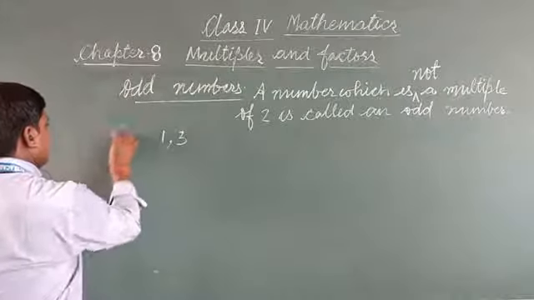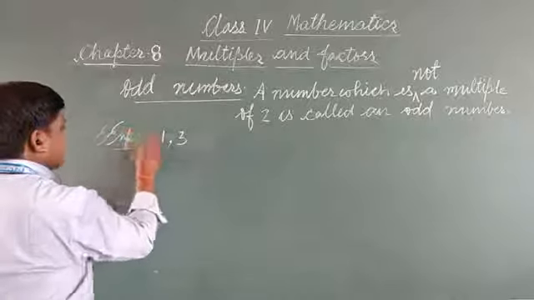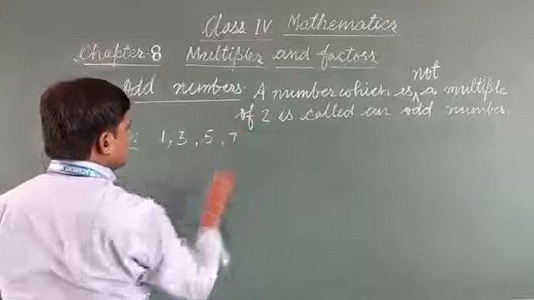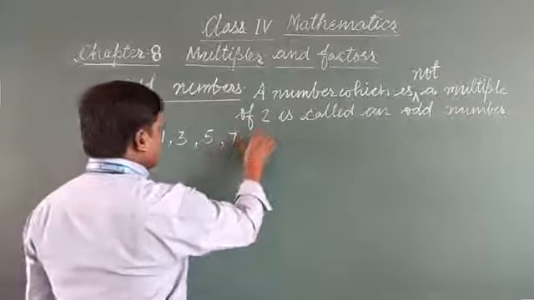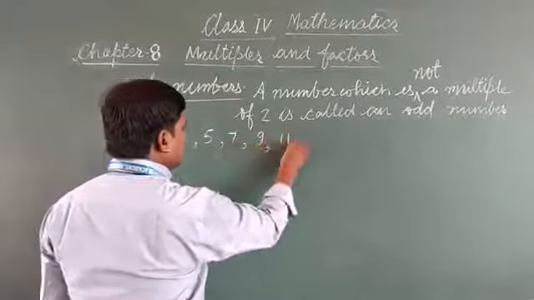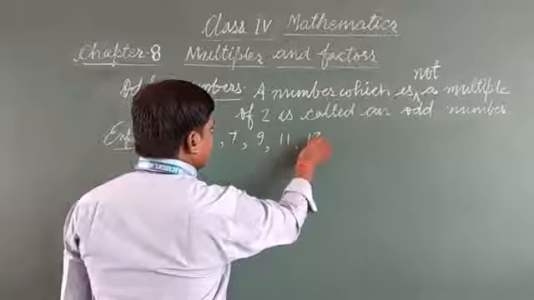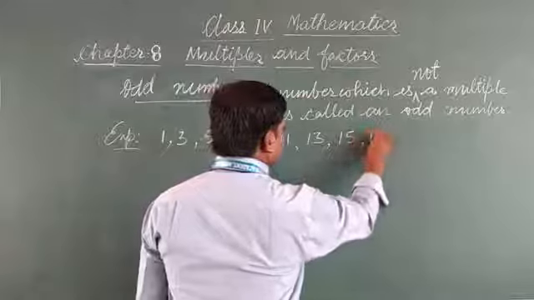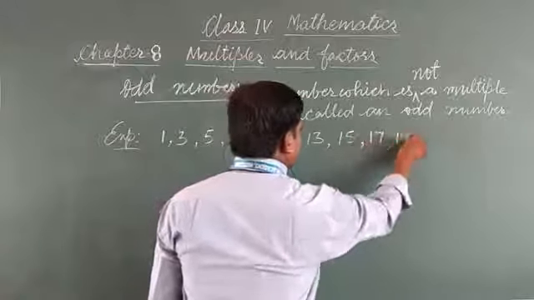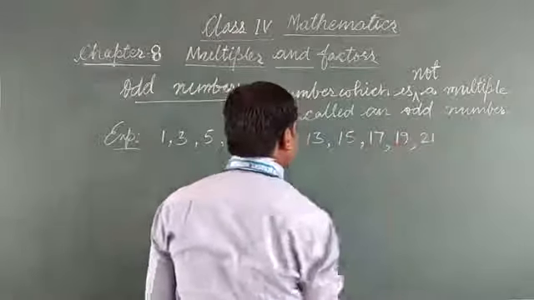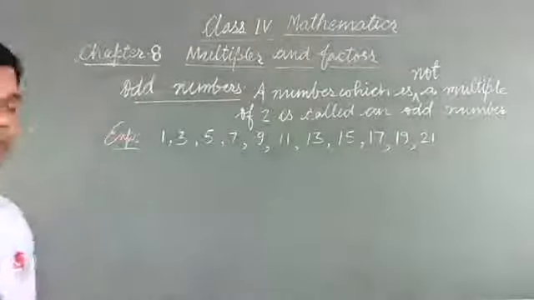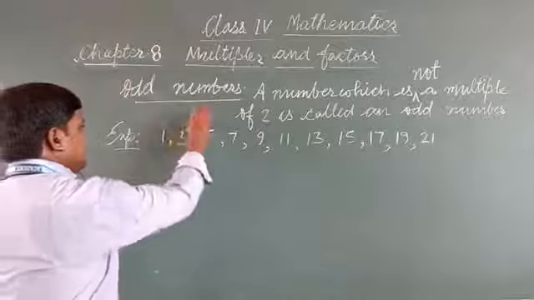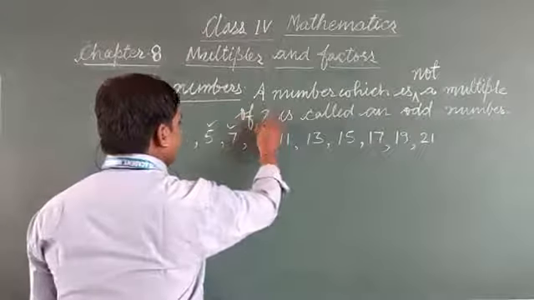Examples of odd numbers are 1, 3, 5, 7, 9, 11, 13, 15, 17, 19 and 21. We are observing here the ones place.